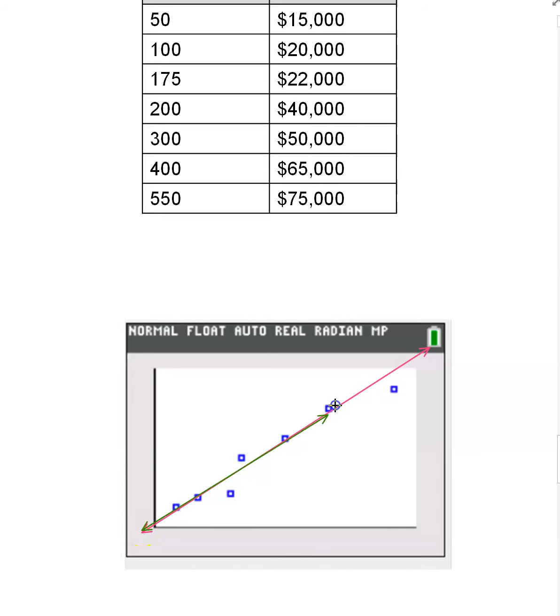So I could have another one like this. It's not the best line, I would think, because it only passes through 2 points. Then I could use another one. Is this a good line? Actually, it's a bad line because it's not even running close to the other points, right?